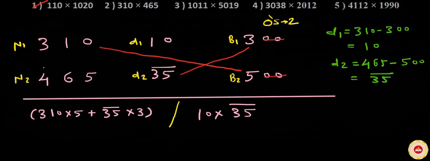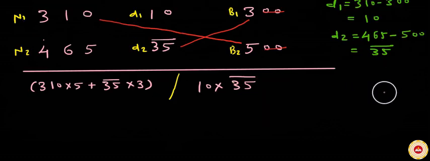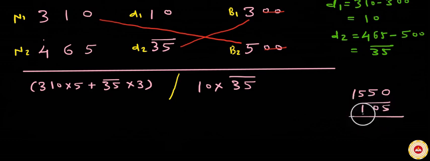So let us calculate further. 310 multiplied by 5: 5 multiplied by 0 is 0, 5 ones are 5, 5 threes are 15. Plus negative 35 multiplied by 3. 35 multiplied by 3 is 105, so negative 105. You will have to subtract this 105 from 1550. 10 minus 5 is 5, 5 minus 1 is 4, and 14. 1445.